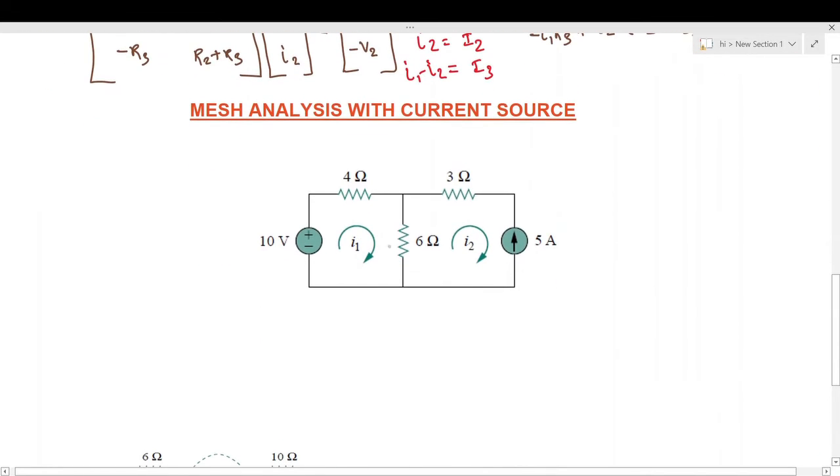In this mesh analysis with current source, we will have one current source here, that is a 5 amp current source connected on loop 2, and a 10 volt source connected in loop 1.